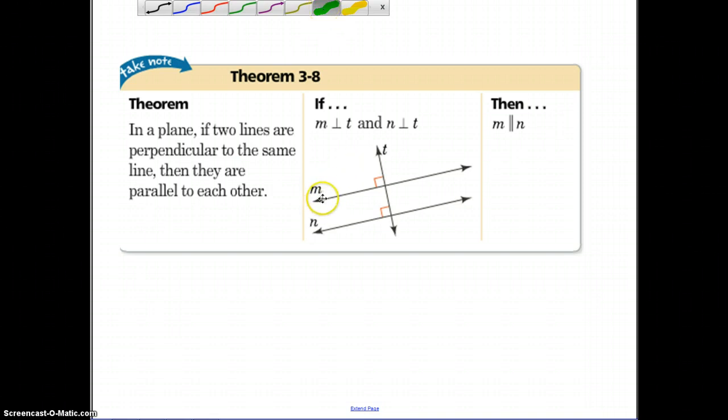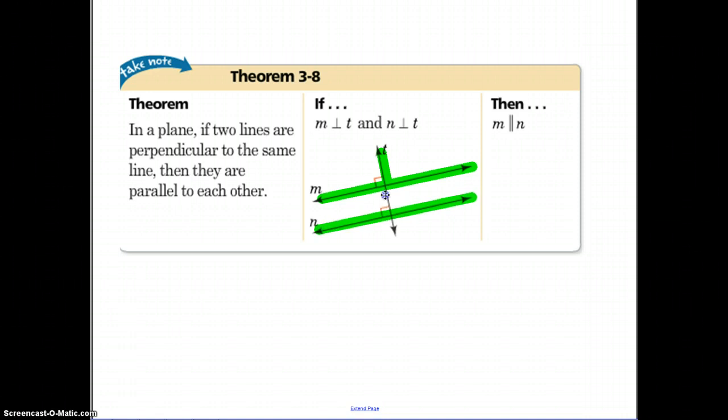So M and T are perpendicular. Right there, we got our right angle. Also, N is perpendicular to T. Right there, we have a right angle. So as long as I have this right angle here and this right angle here, that lets me know that I have congruent corresponding angles right here.